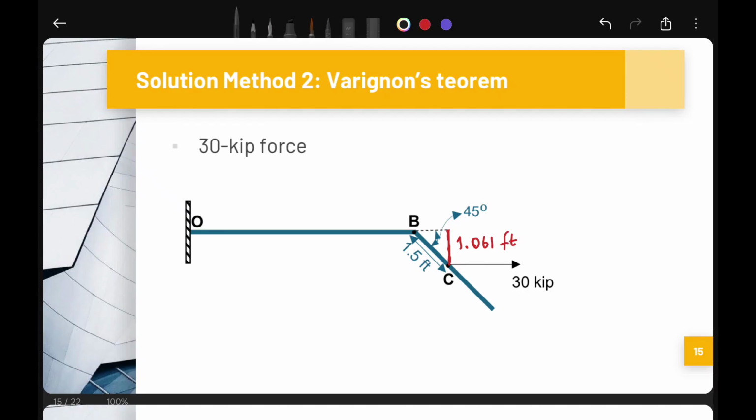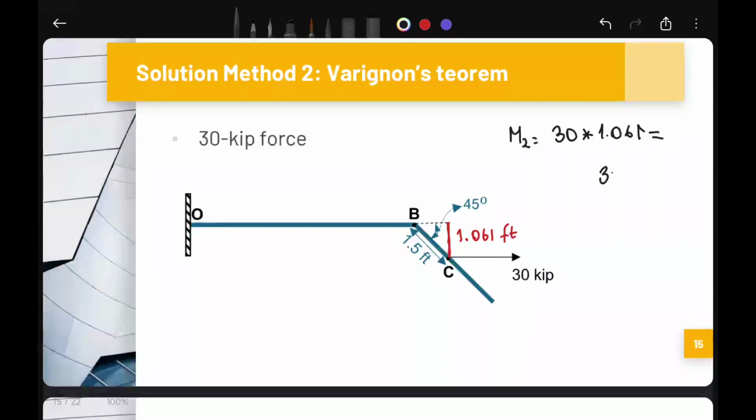We multiply both terms and obtain our second individual moment, M2 is equal to 31.83 kip-feet.